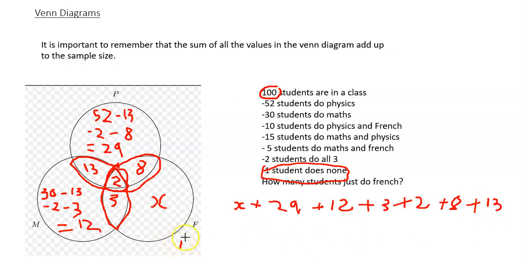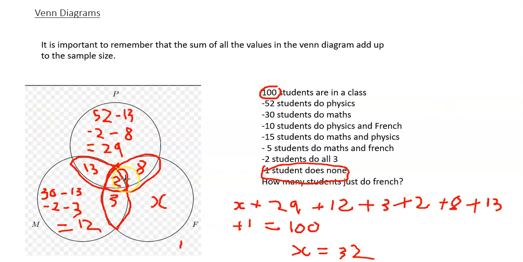And then we still have this one here on the outside, plus 1 kid doing nothing. This should all equal 100. Then to work out X, you take all the values on the left-hand side that are numbers, so your 29, your 12, your 3, your 2, and your 8, 13, and 1, you sum those all together, and you subtract that from 100. After doing all that using just simple subtraction, we get X is equal to 32.